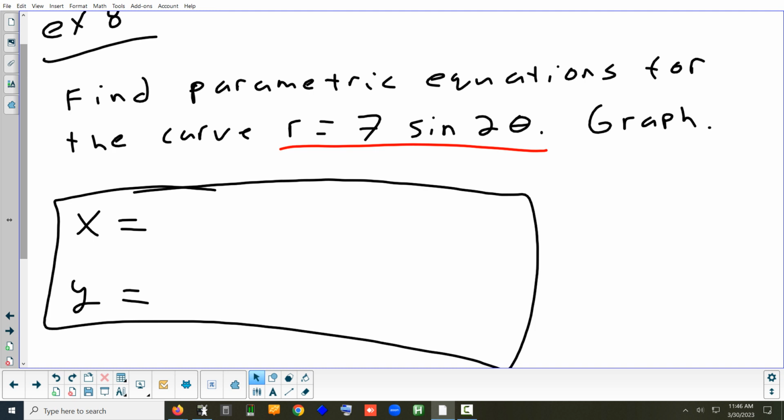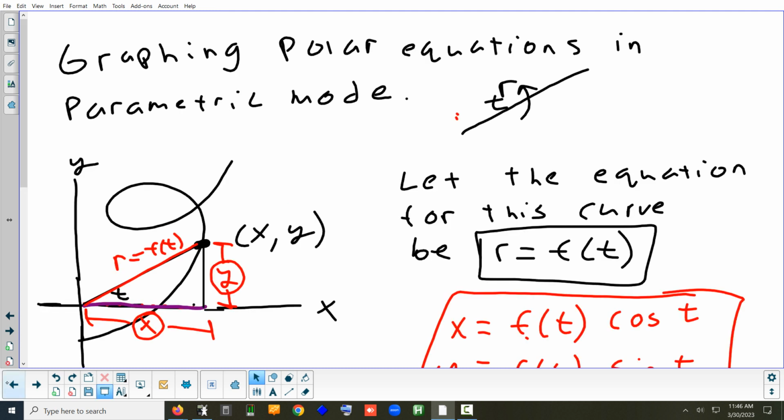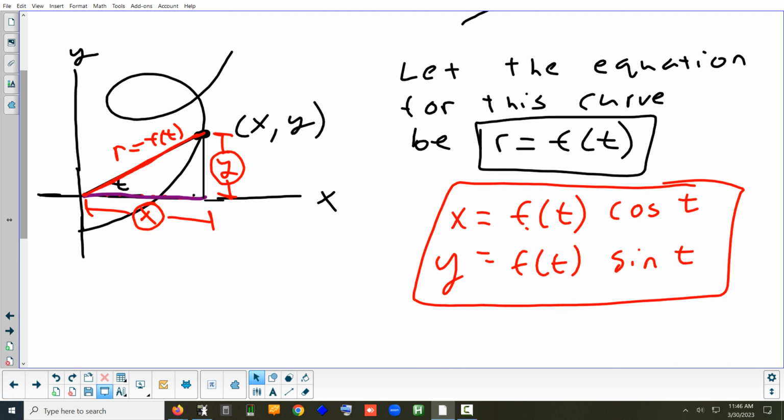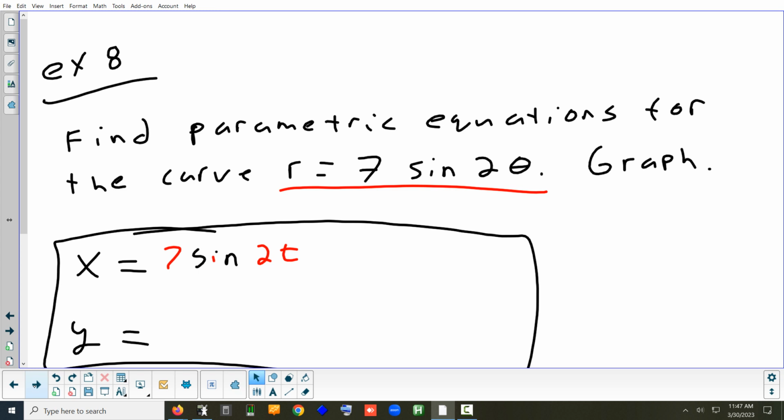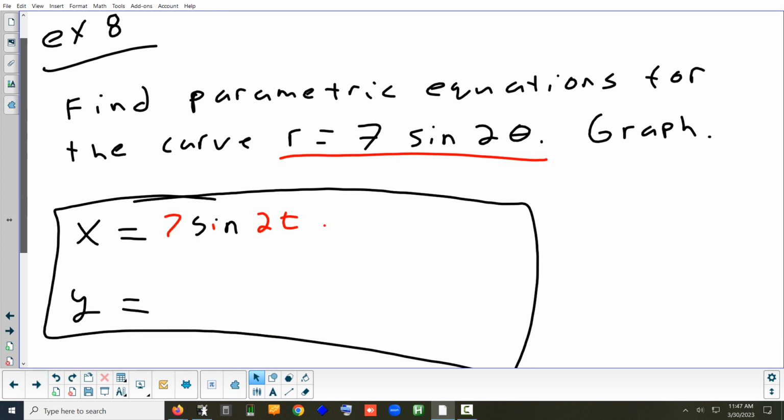So what's my function renamed with a t? 7 sine 2t. Now that is this, but I don't want that, I want this. So I have to take that and multiply by what? Cosine t. So that's my radius, and when you multiply by the cosine, it gives you the horizontal.